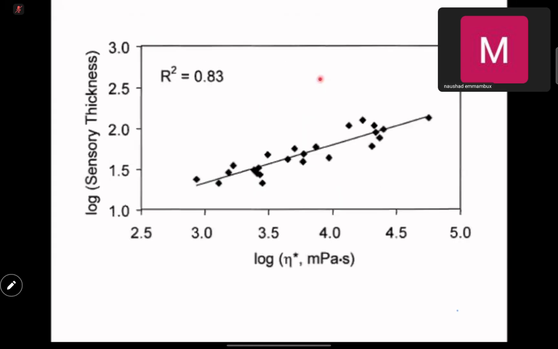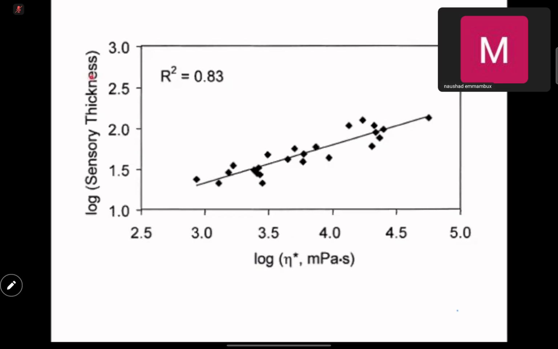Another way you can look at the measurement is really looking at the viscous component, which is the eta star, when you do a small deformation in rheology.